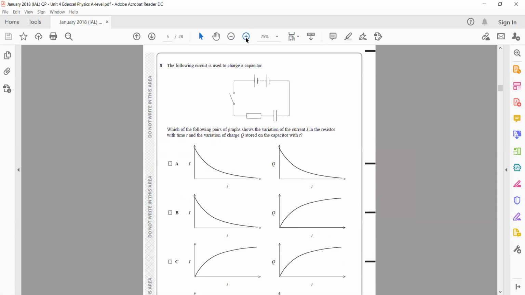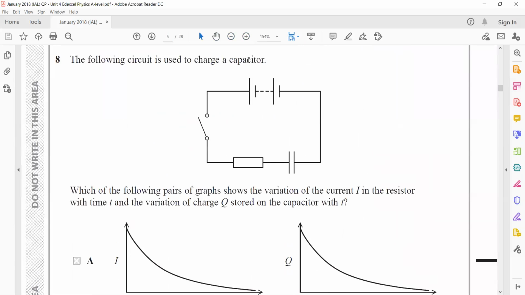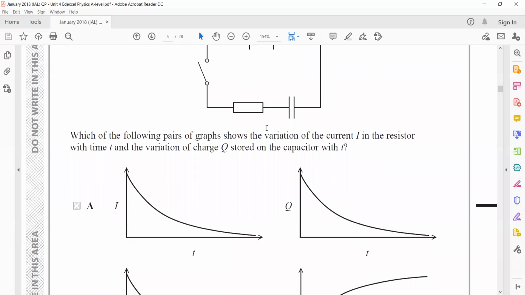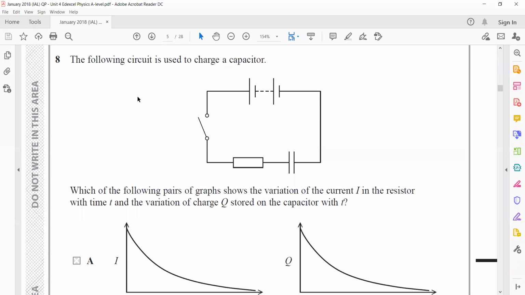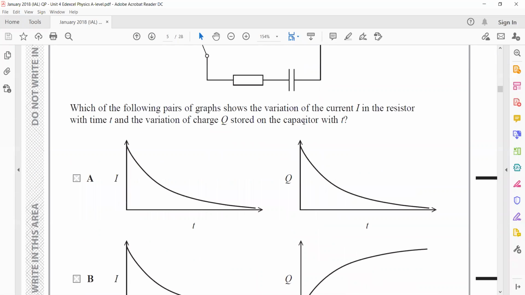I'll read the question because otherwise I have to zoom out. The following circuit is used to charge a capacitor. Which of the following pair of graphs shows the variation of current in the resistor with time and the variation of charge stored in the capacitor with respect to time? The circuit is used to charge a capacitor.